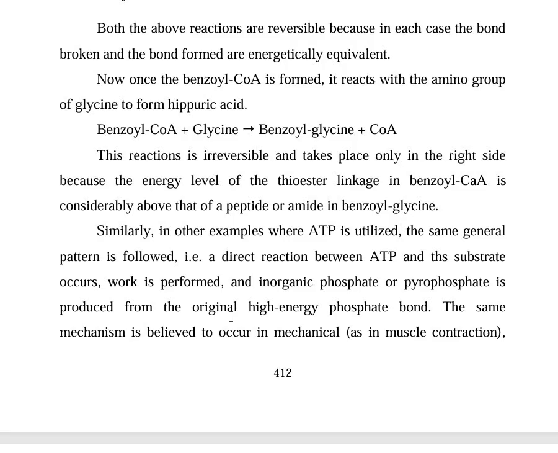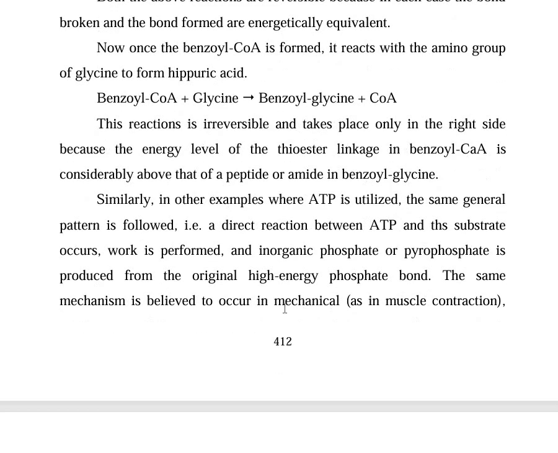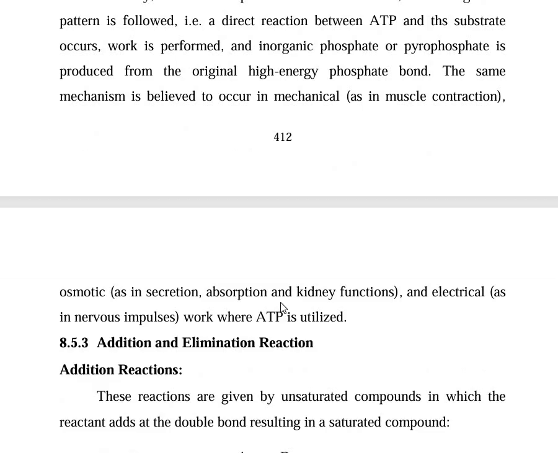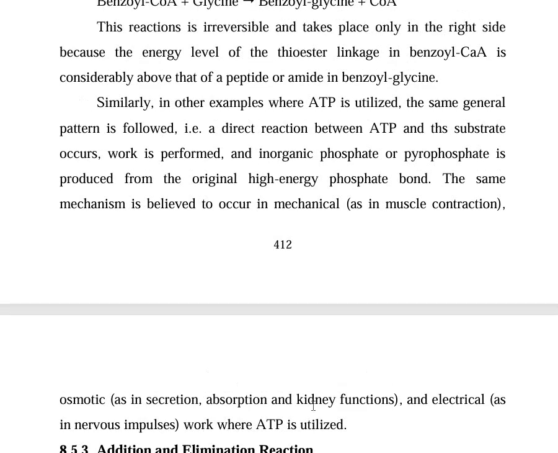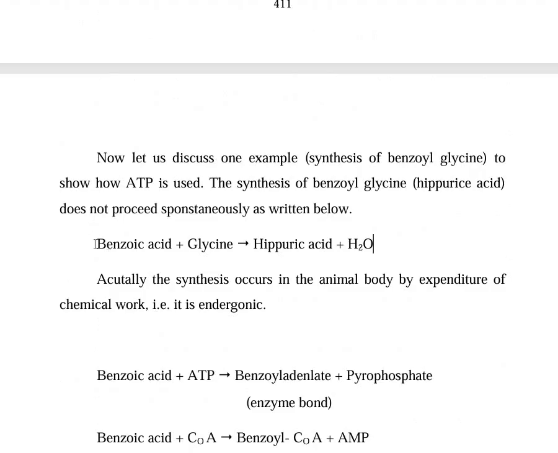The same mechanism is believed to occur in muscle contraction, osmotic work as in secretions and absorptions in kidney functions, and electrical work as in the nervous system. This is the main target: if some reaction is not occurring without help, in the animal body we utilize ATP and carry out the reactions.